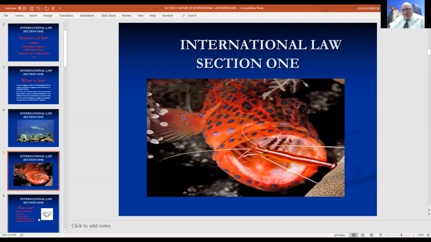And while it's in the mouth of the fish, the shrimp will pick little parasites out of the mouth and gills of the fish. The fish does not eat the shrimp. When the shrimp is done, the fish leaves and the next fish comes in, and the shrimp will clean that fish. And so there's unwritten law that is essentially being created.